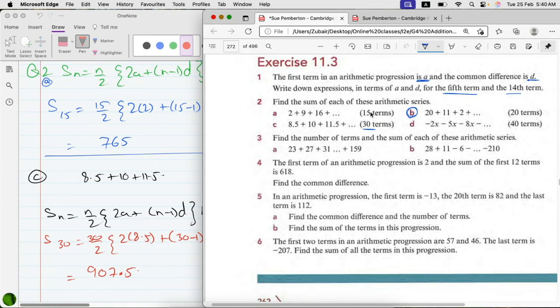B part. So S of the 20th term equals 20 over 2, right?